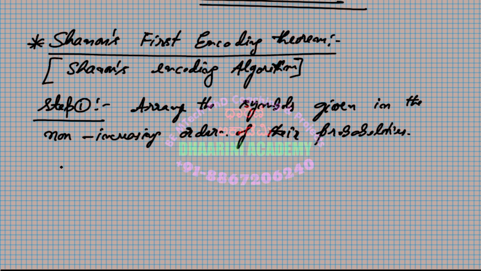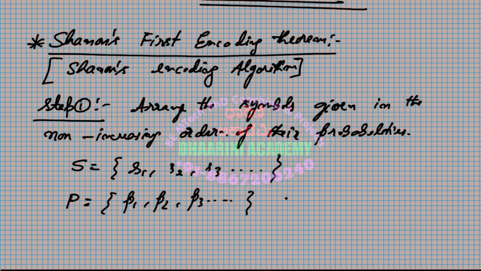Let's say we have some S values given. Arrange the S in some order. S contains the source symbols, so not probabilities. You arrange them as S1, S2, S3 and so on, in such a way that their probabilities P1, P2, P3 and so on are not in increasing order.